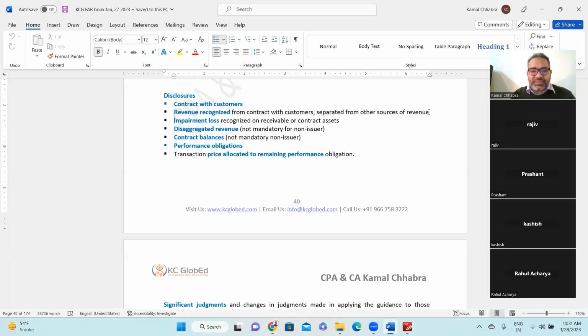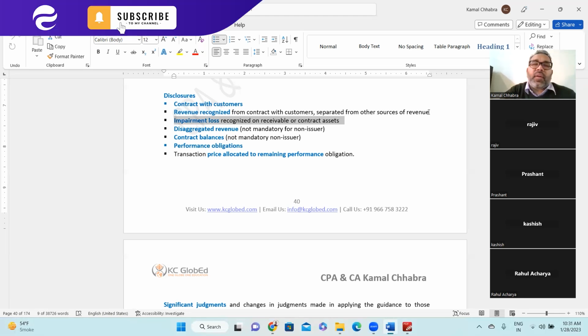Then we also discuss impairment loss, right? When we have recognized the contract asset, as you remember from the last class, if the contract asset's market value or recoverable value is less than the book value, then we need to recognize impairment loss.